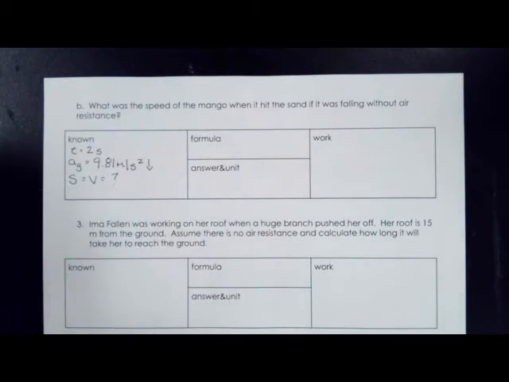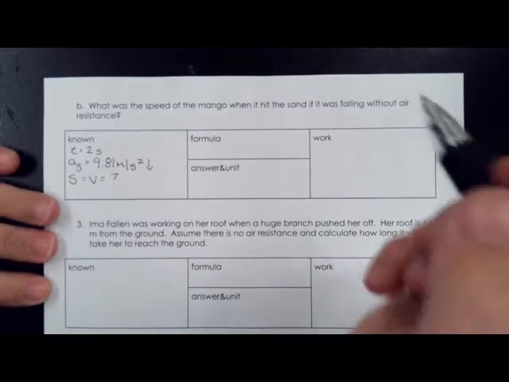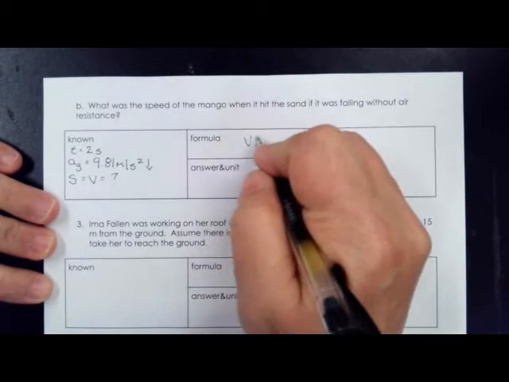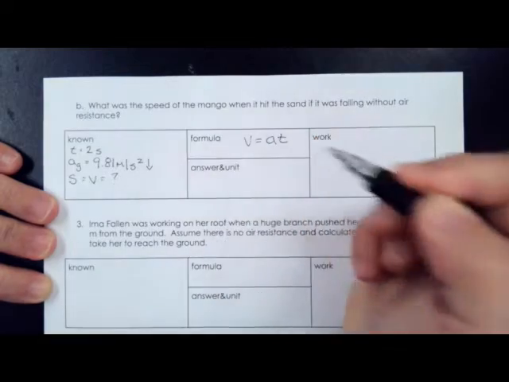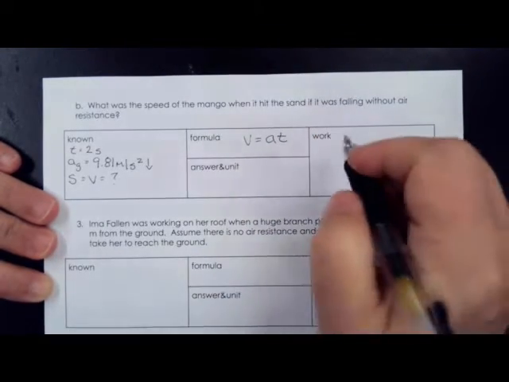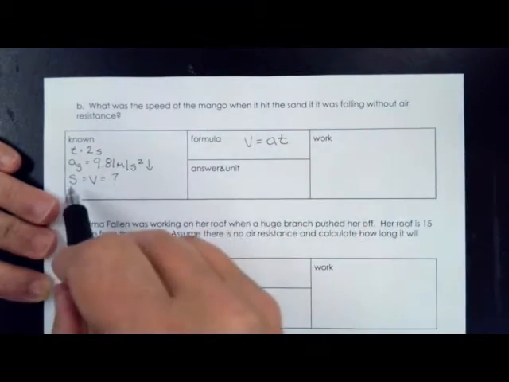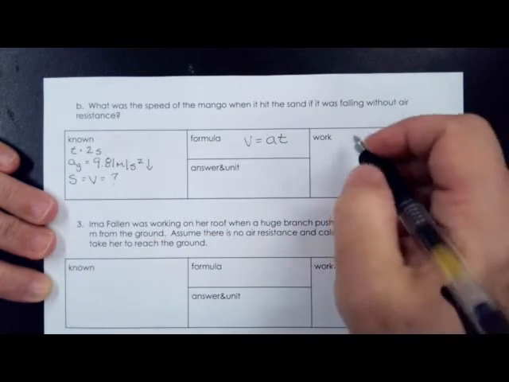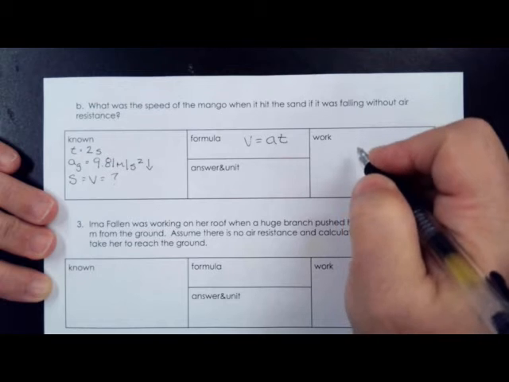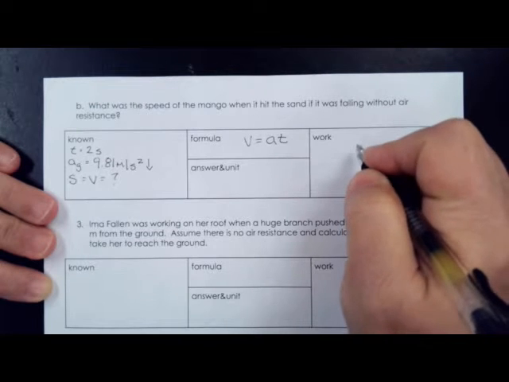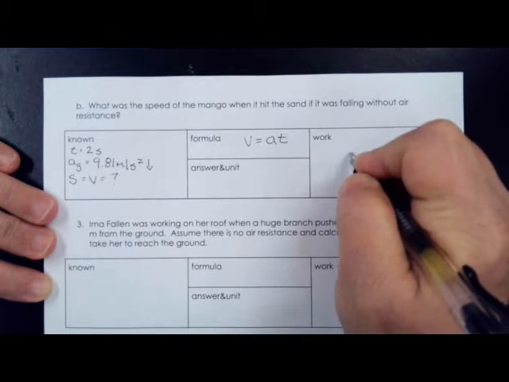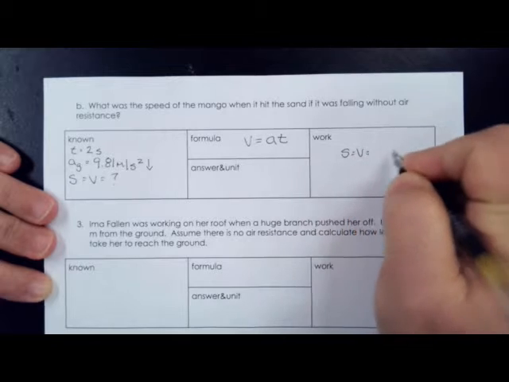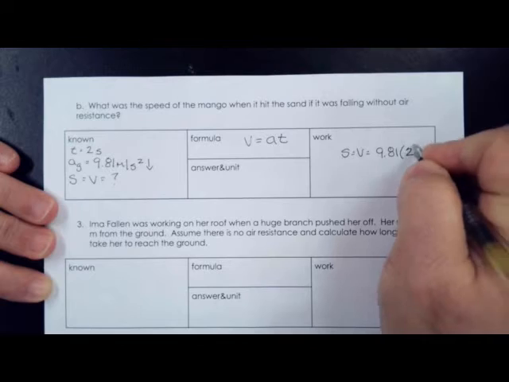So we could use A equals V over T, or we could do ourselves a favor and use V equals AT, the VAT formula. Because in this situation velocity and speed are the same, we have speed equals velocity equals 9.81, that's the acceleration, times 2.